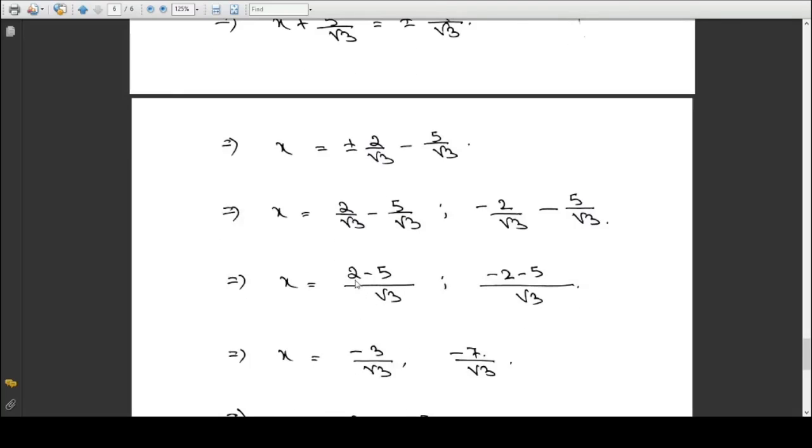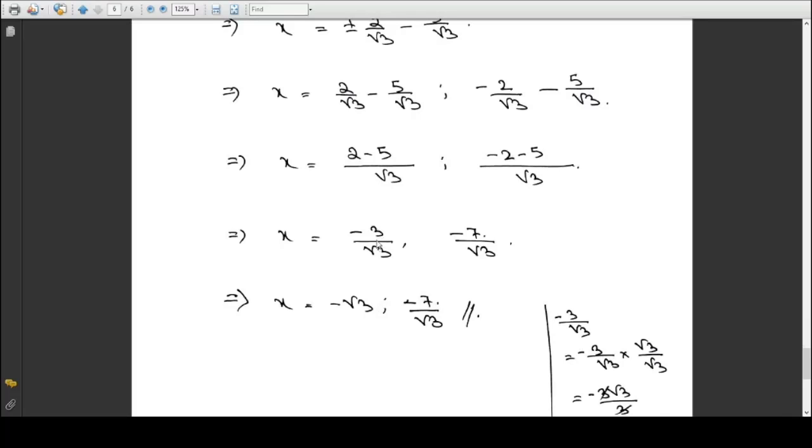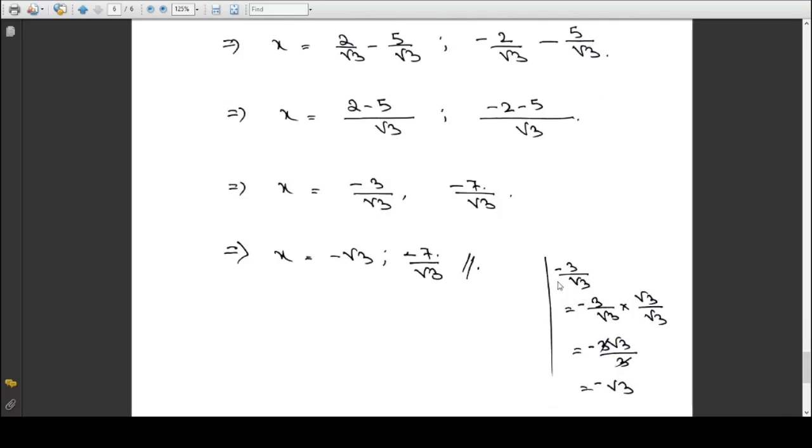Then 2 minus 5 or 5 minus 2 is 3. Which sign is greater? It is minus. Therefore minus 3 by root 3. For the second, minus minus is plus, 2 plus 5 is 7, that is minus 7 by root 3. Or here 3 by root 3, you can rationalize the denominator by multiplying both numerator and denominator by root 3.